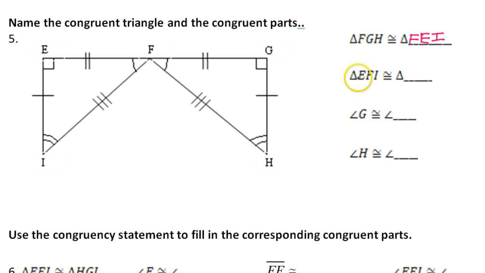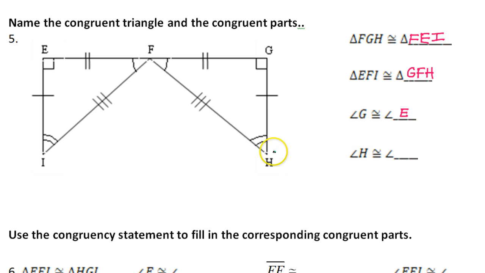Now if we write the triangle this way, EFI. Okay, EFI is this triangle over here. And so that would be the same thing as GFH. Specifically, angle G is congruent to angle E in the other triangle, both 90 degrees.